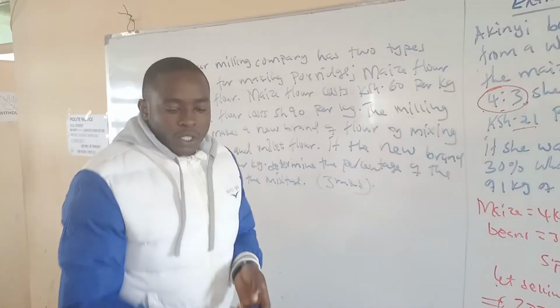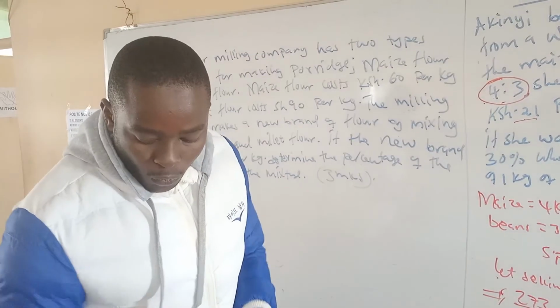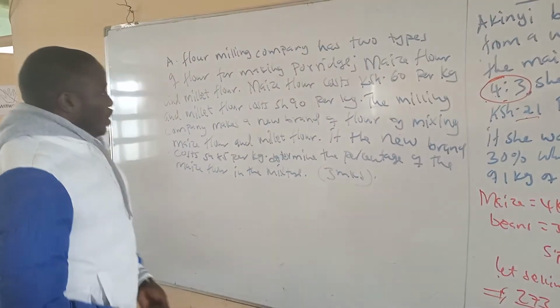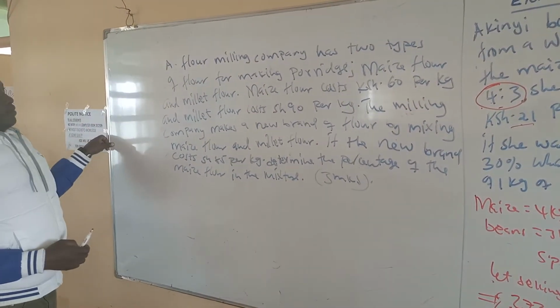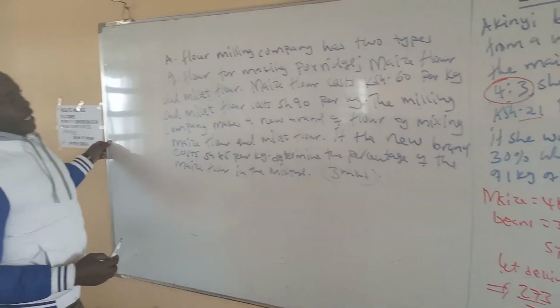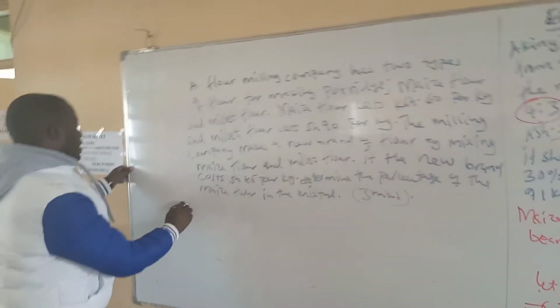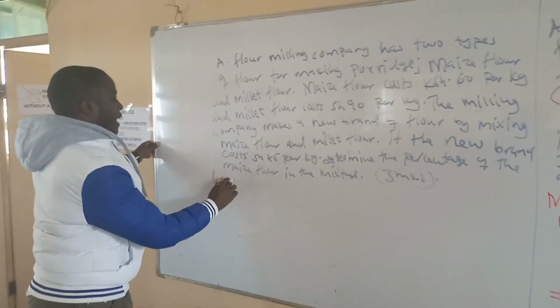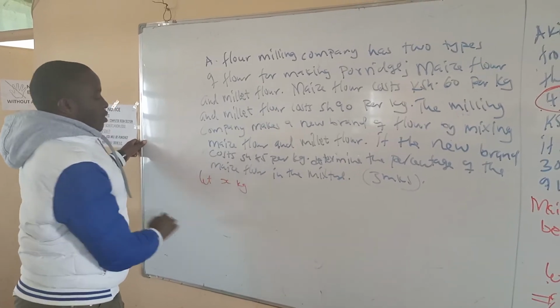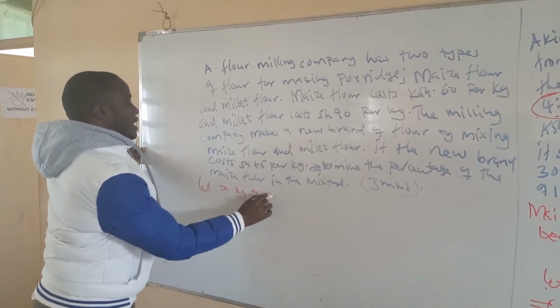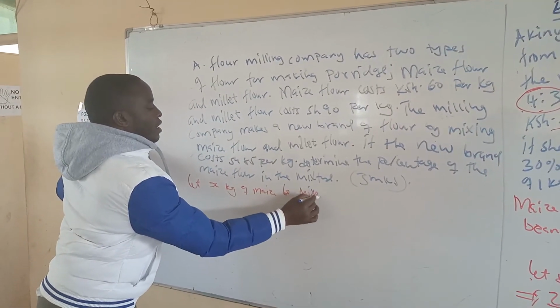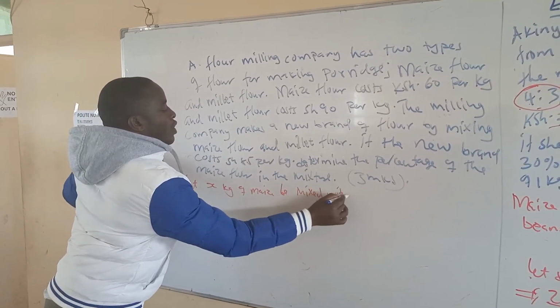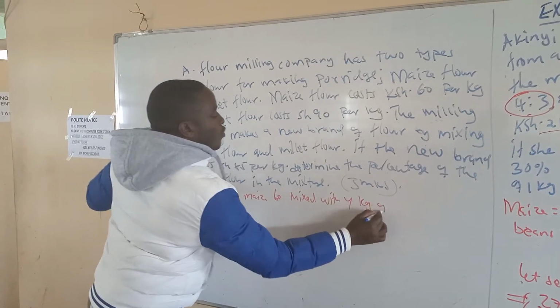So in this question, what you are required to do is to find the ratio in which maize was mixed to millet. So we need to let X kg of maize be mixed with Y kg of millet.